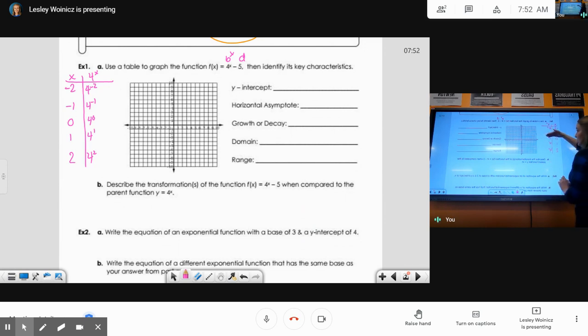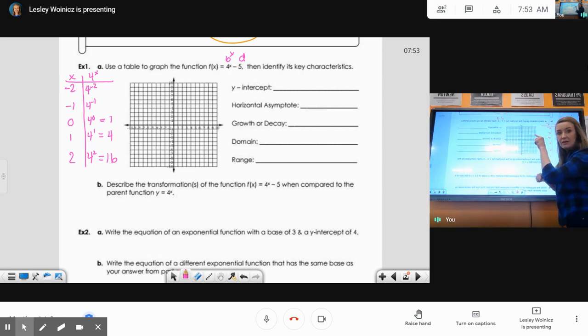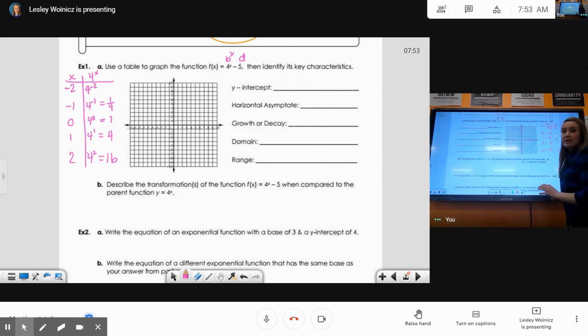I'm going to start in the middle with my 4 to the 0, which is 1, because anything to the 0 power is 1. 4 to the first is 4. 4 squared is 16. Now I'm going to use my flips. 4 to the -1 is 4 to the +1 flipped upside down, the reciprocal, so this is going to be 1 over 4. And 4 to the -2 is 4 squared flipped upside down, 1 over 16.